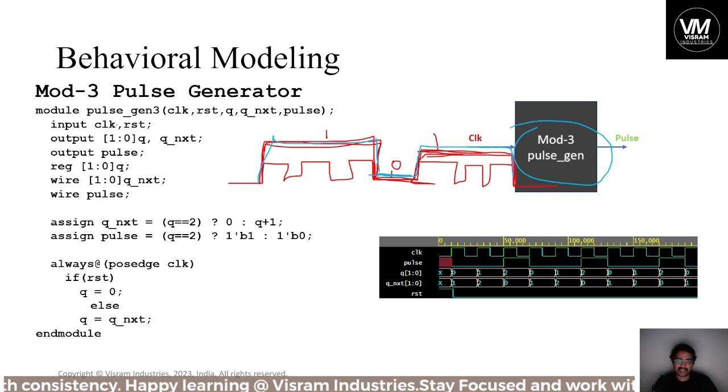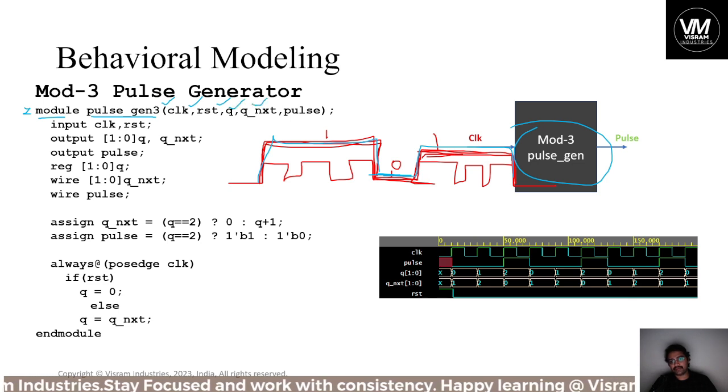So what are the major inputs and outputs? You can see from the Verilog module, part 1, module pulse gen 3. You can mention whatever name you want, but inputs are clock, reset, Q and Q next for our reference, and for the output, Q next is the next state and pulse will be the output.